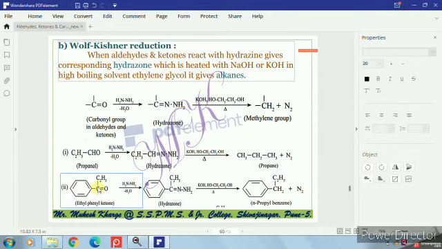Ethyl phenyl ketone CO gets converted to finally CH2. So first we get hydrazone of ethyl phenyl ketone on reaction with NH2NH2.